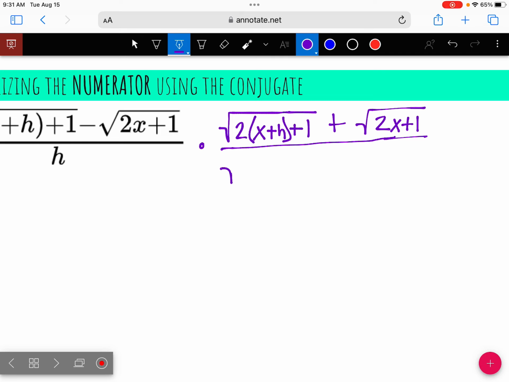And we're multiplying by the same dang thing again. 2 times the quantity x plus h plus 1 plus square root 2x plus 1. Okay? Just each of these pieces. So piece 1, piece 1. Piece 2, piece 2. That one had a minus, that one had a plus.